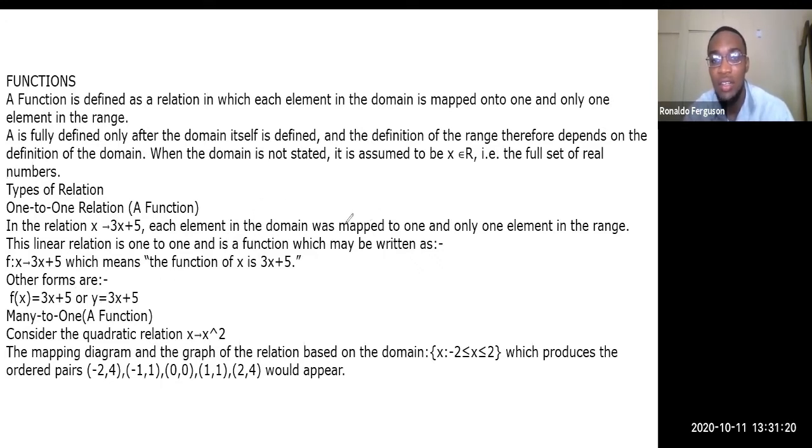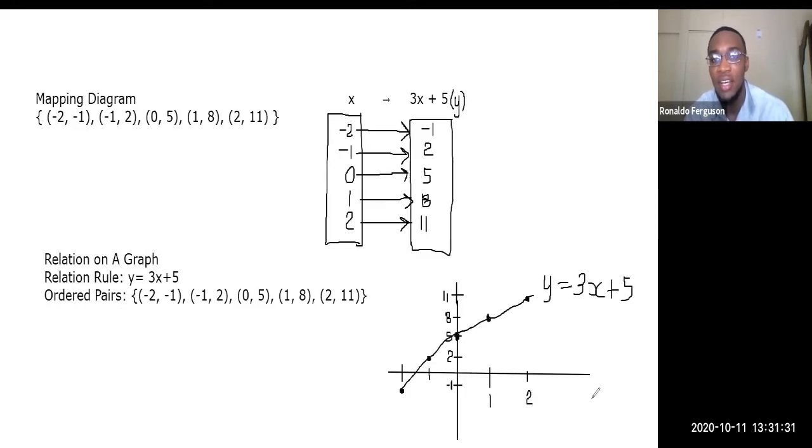Why is it a one-to-one relation? Each element in the domain is mapped, and mapped only once, to one element in the range. So here's f of x equals 3x plus 5. Each element in the domain, so -2, -1, 0, 1, and 2, maps onto only one element in the range.